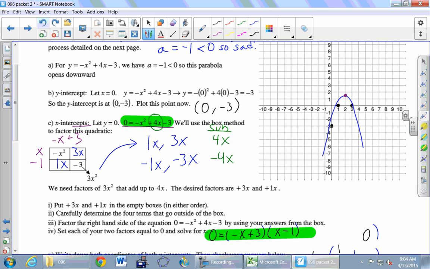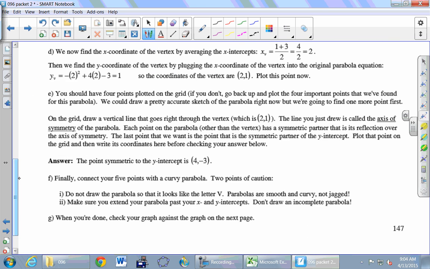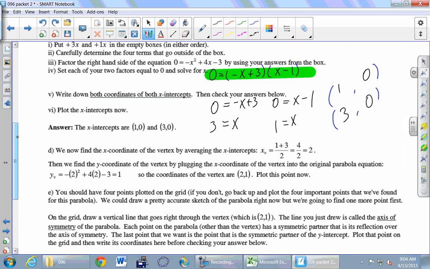So I'm going to get rid of my blue because that was just an approximation. And then we're going to say, okay, we know that the vertex is just the average of the x-intercepts. So I'm going to write x sub v for the x coordinate of the vertex. And the 2 x-intercepts we found were 1 and 3. So as Ben said, to average 2 numbers, we add them and divide by 2.